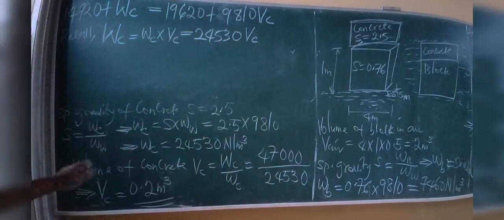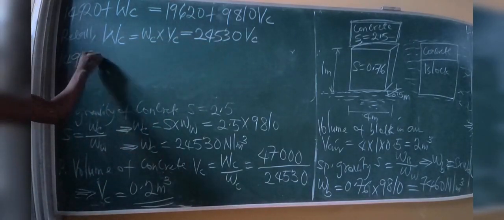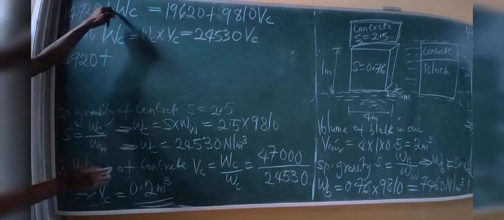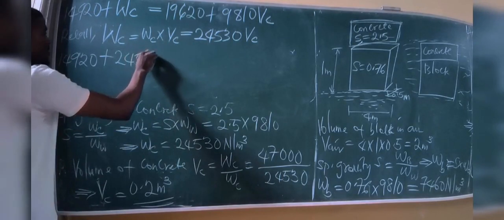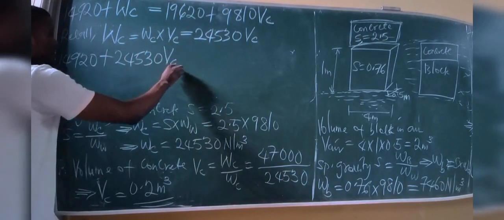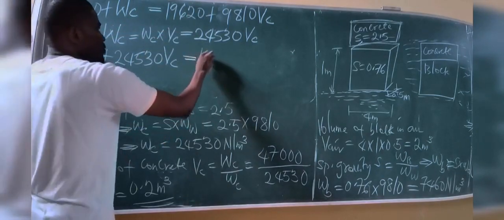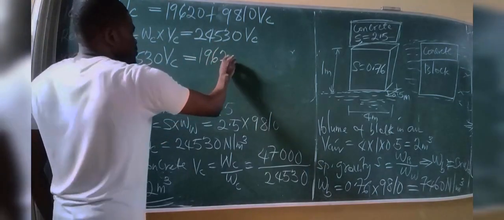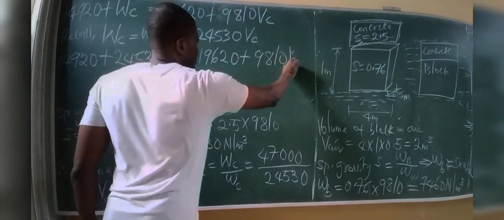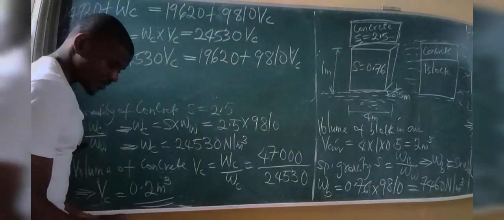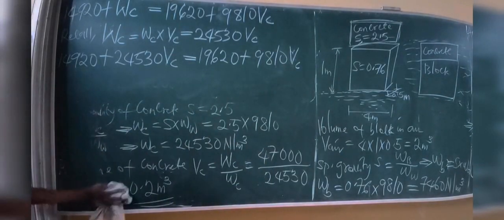The equation becomes 14920 plus 24530 VC, equal to 19620 plus 9810 VC.